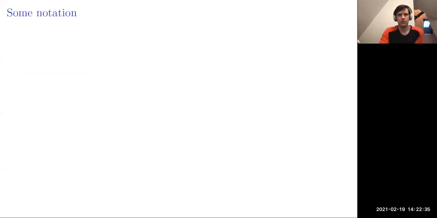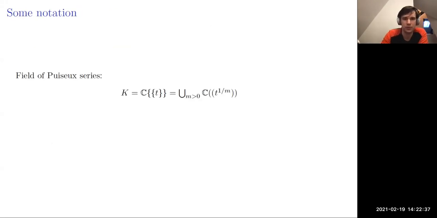Okay, so just to introduce some notation for the specialization result. We work over the field of Puiseux series. So it's all of these power series rings here.